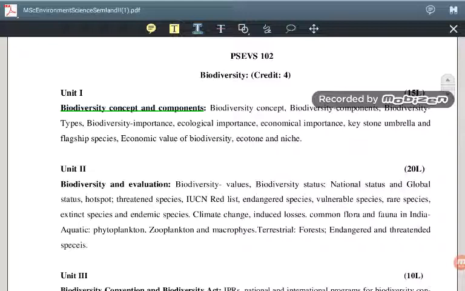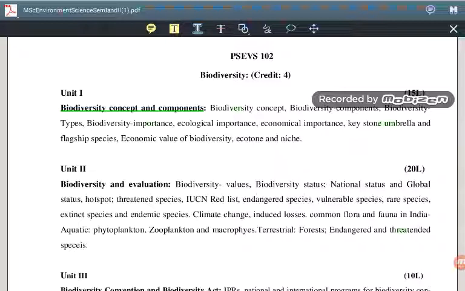So something related to biodiversity: what is biodiversity, what are the different components of biodiversity, what are the types of biodiversity, what is the ecological importance and economic value of biodiversity. Everything related to biodiversity is to be covered under this unit one topic, that is biodiversity concept and components. The basic concept, that is what is biodiversity, and what are the different components.